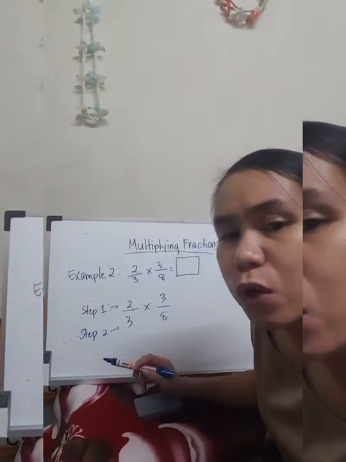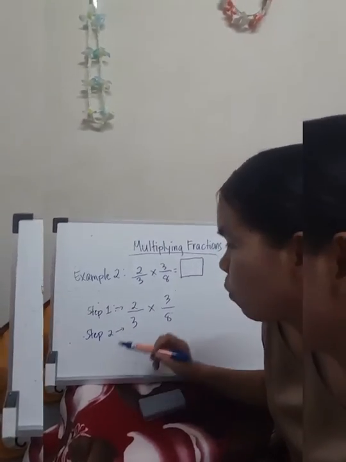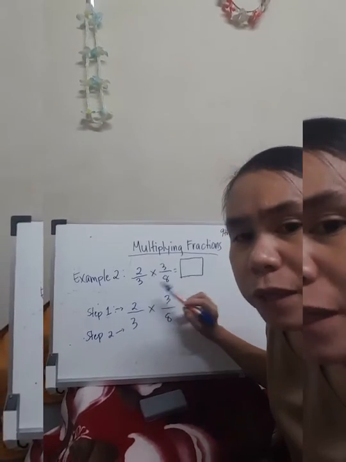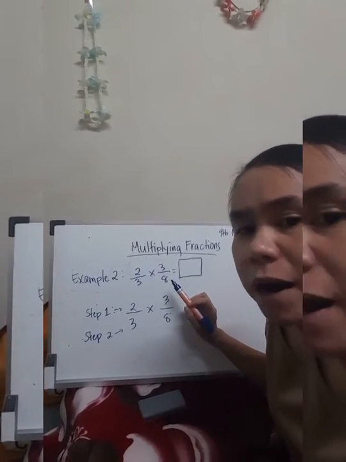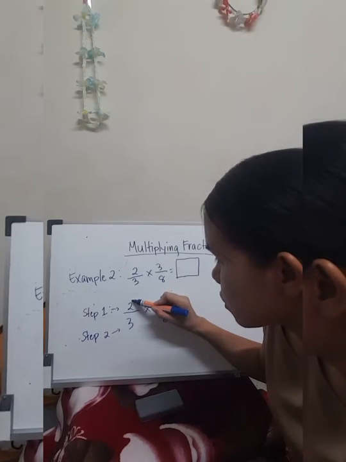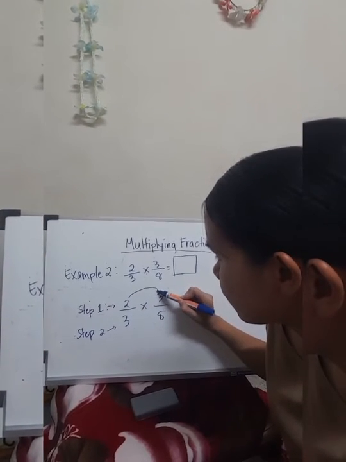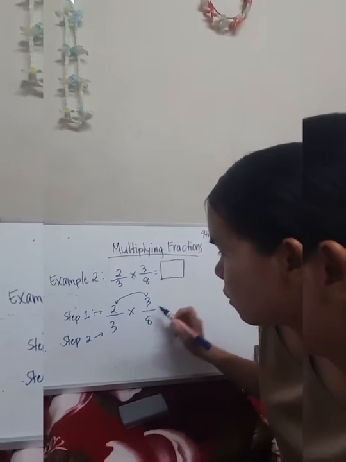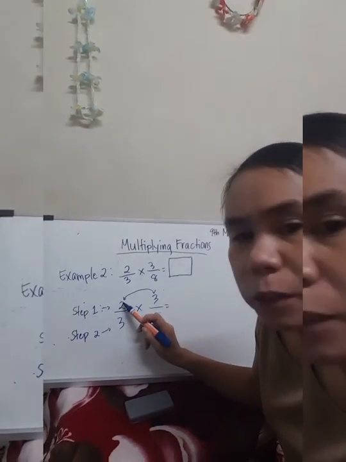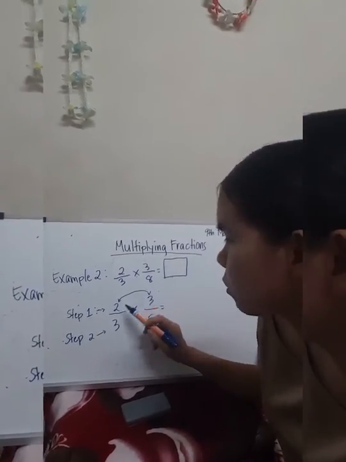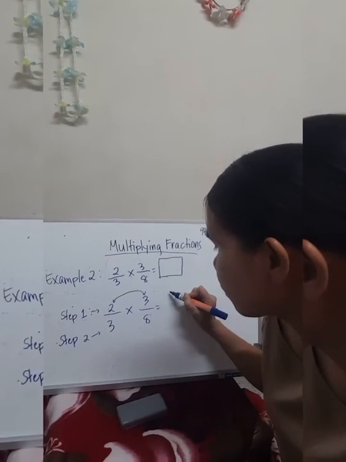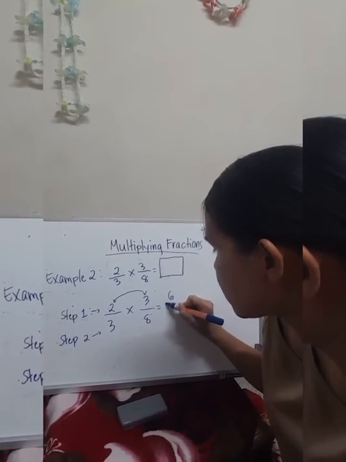So again, recall step 1, which is multiplying numerator by numerator. The numerator here is 2, multiplied by this. So 2 times 3 equals 6.